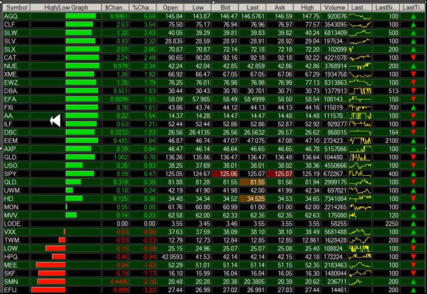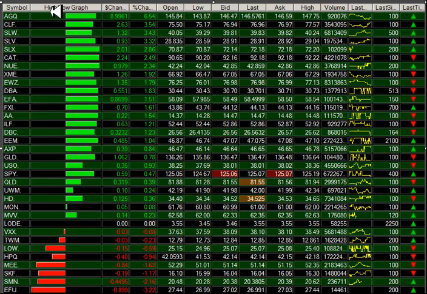Let's see if there's another one in here. I'm looking for UWM in here. There it is. UWM. That's the double long Russell 2000. So this list of about 30 or 40 symbols is about what I can comfortably manage during the day.